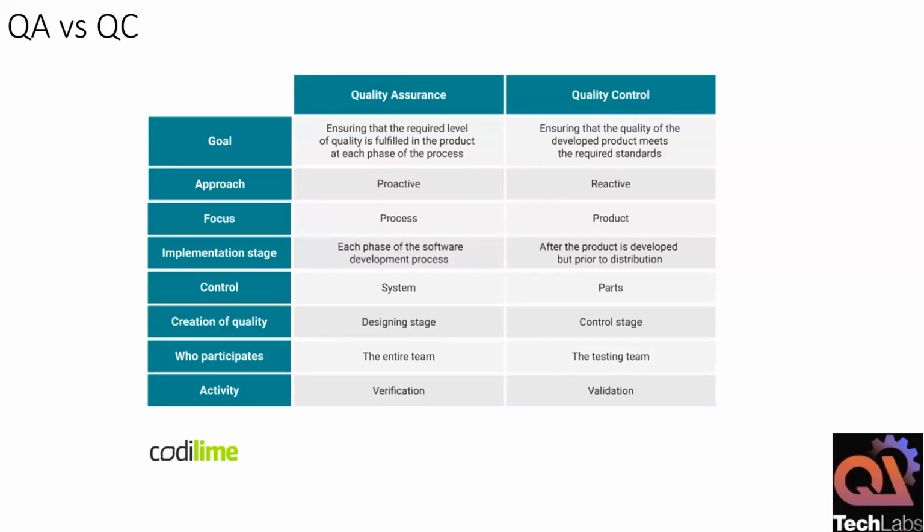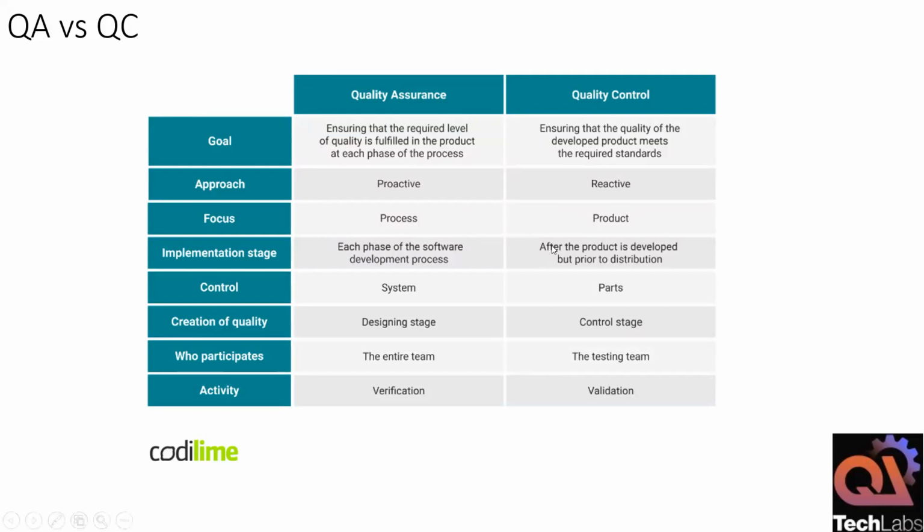Very, very important. And quality control is reactive. You are checking something the developer has done. Ideally, if the developer has done everything correctly, there is no need for you to check. But the real world doesn't work like that. Whatever has been developed, you have a doubt, you are verifying. That is why it is reactive.